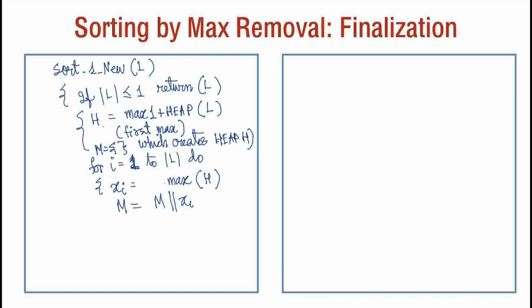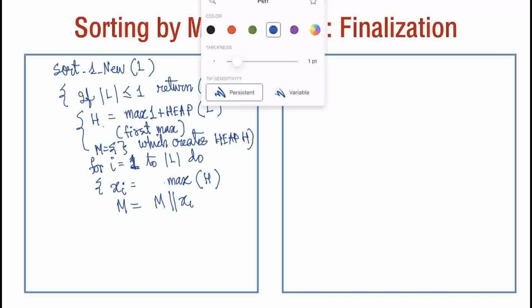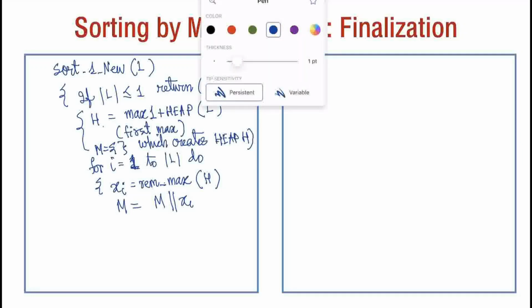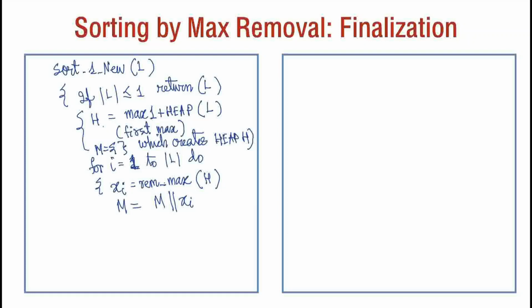So we will remove the maximum element from this list. We remove max from H and call it Hi. We add Hi, Xi at the end. That means here what we are doing is we are performing an NQ operator.